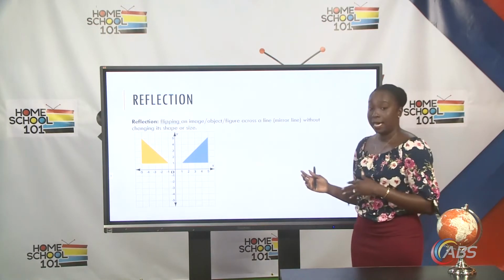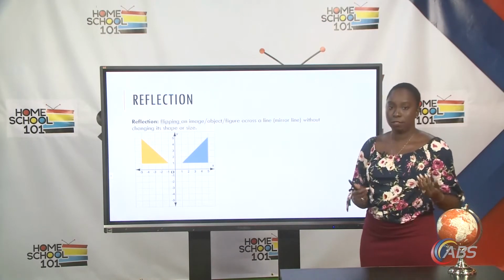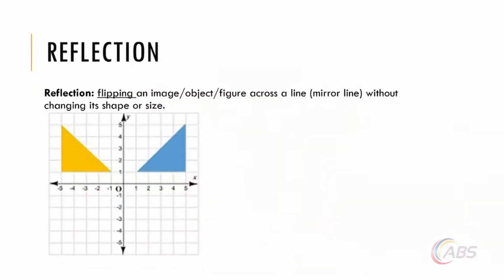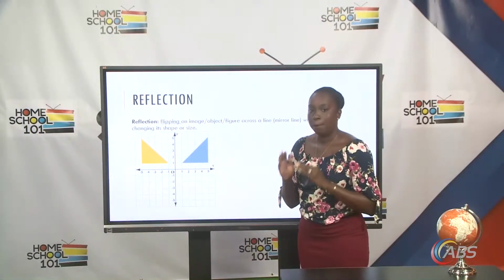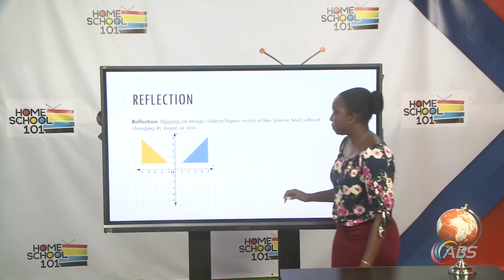So we can say that the blue triangle is a reflection of the yellow triangle or vice versa. Either way, it would be a reflection over the y-axis, and we know that our y-axis would be our mirror line because that is the middle between both those objects, all right?